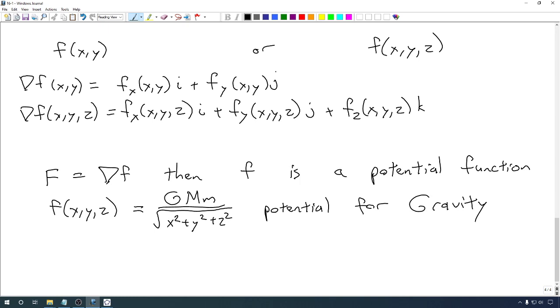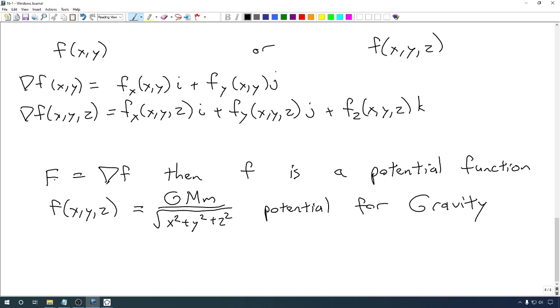And the very fact that we even have a potential function for gravity has some interesting implications that we'll talk about in another section. But the point here is that not every vector field does have a potential field, or a potential function.